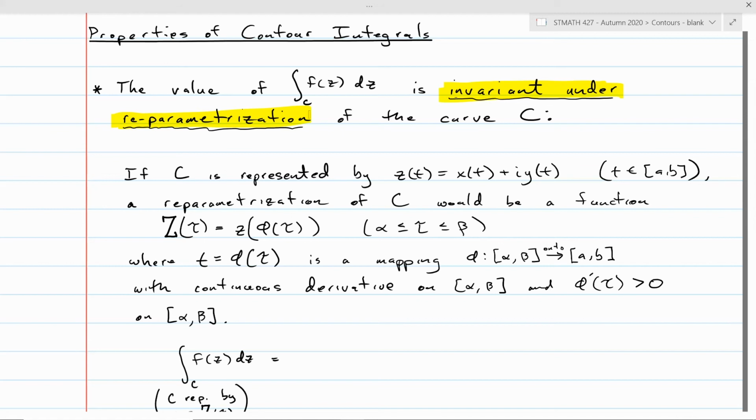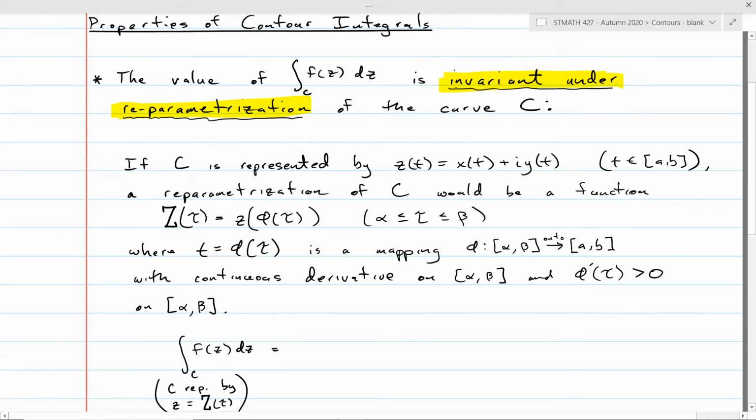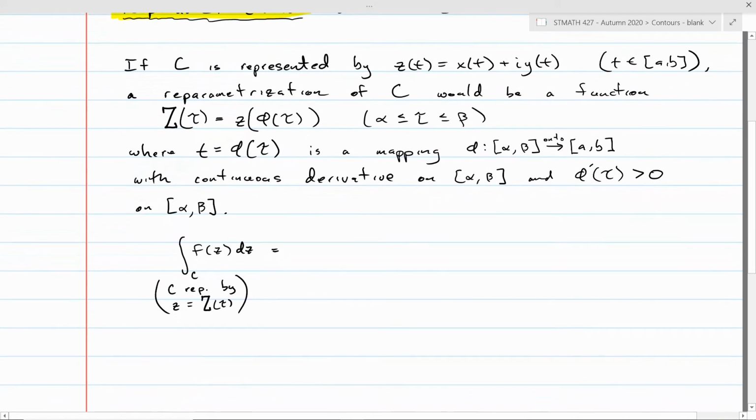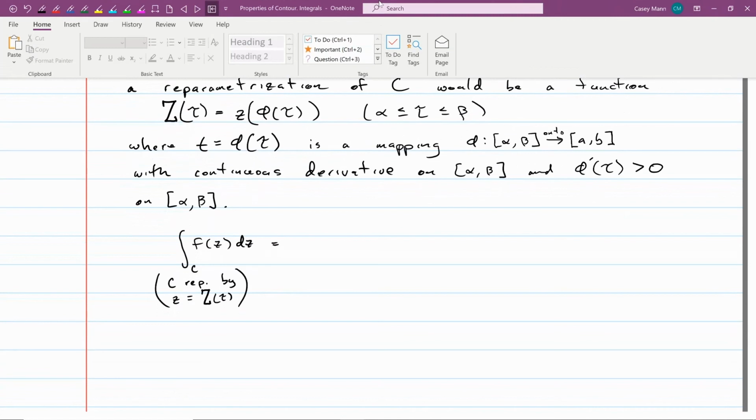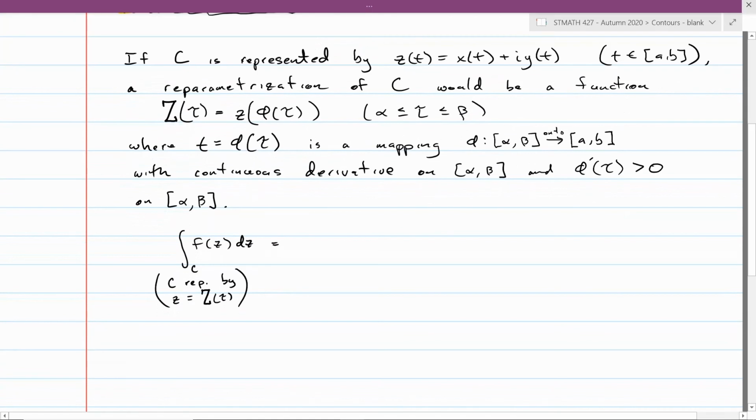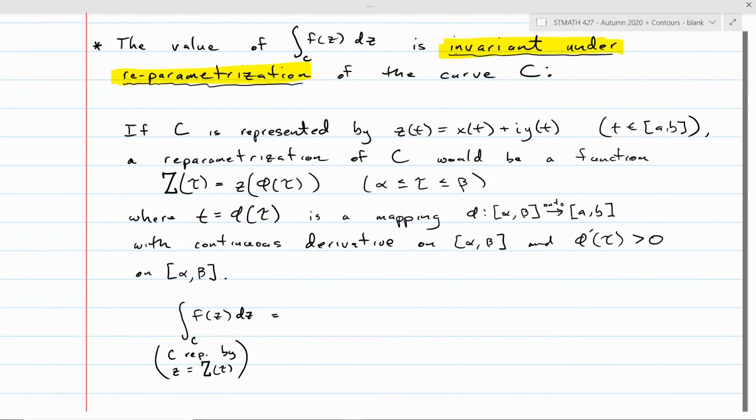That's an important feature because the curve C is just a geometric object, and we don't want that object's geometry to be affected by just its description in terms of algebra. So to see how we get this invariance under reparametrization, let's suppose that we got a parametrization, z of t equals x of t plus i y of t, and in that case we're going to assume our variable little t is in the interval from a to b.